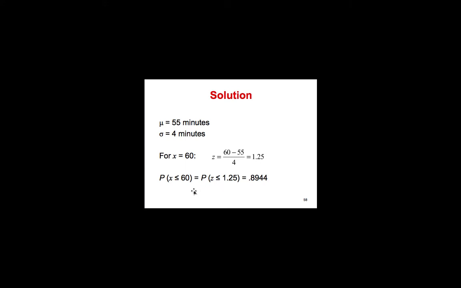We want to know the chance that we will complete the toy in less than 60 minutes, which is equivalent to asking what's the probability that the z-score will be less than 1.25. And once again, our little normal calculator reports back that's going to be an 89.44% chance.